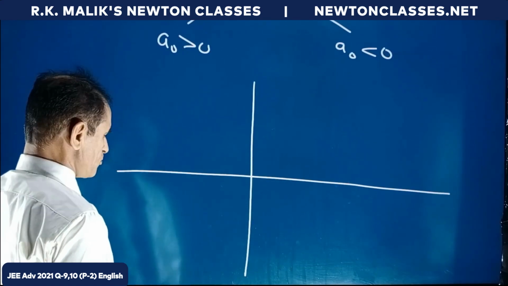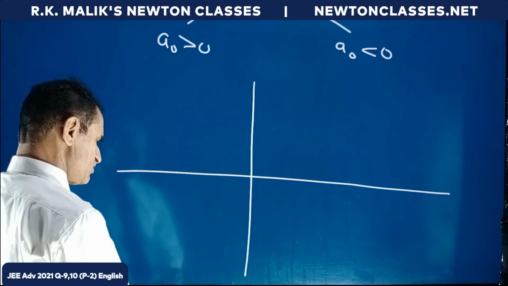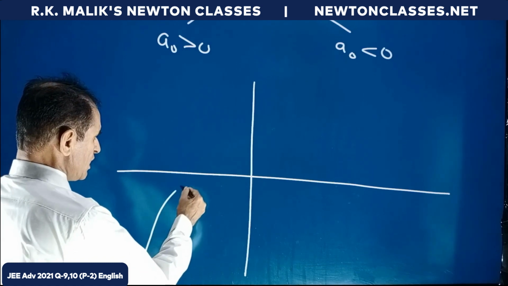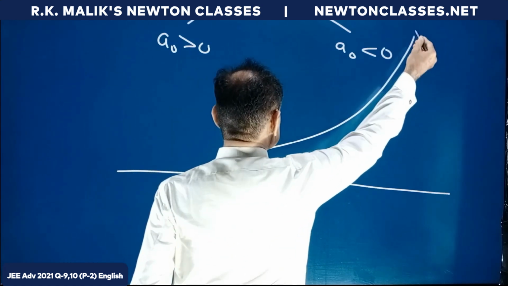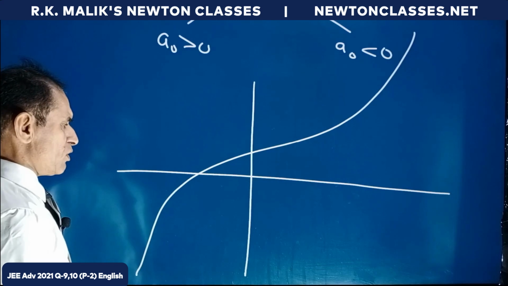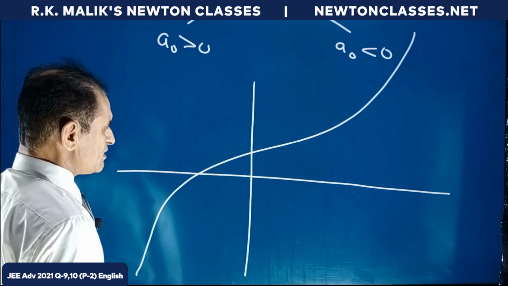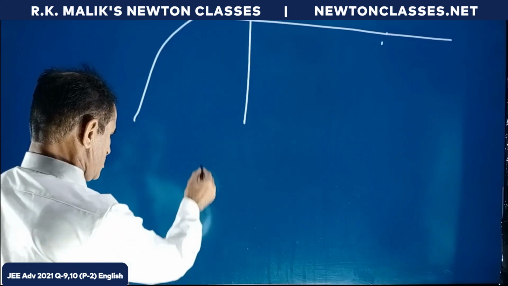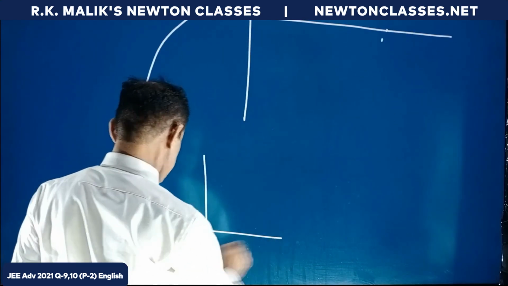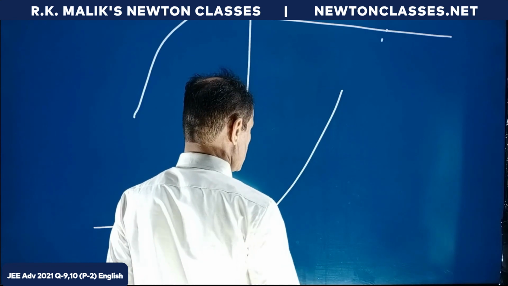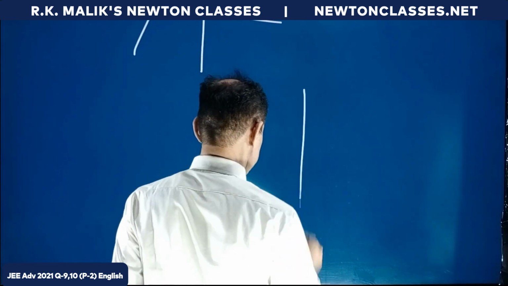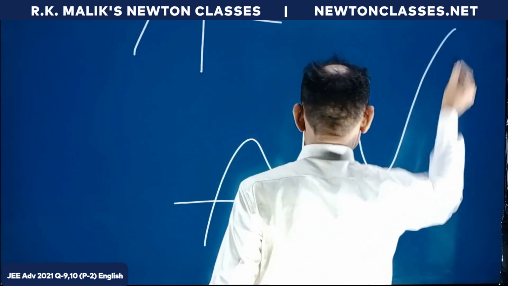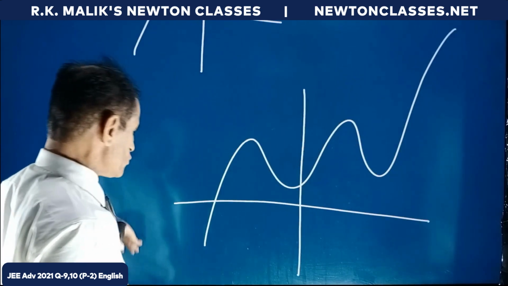If a0 is positive, then it is sure that the graph will come from below, and in the last it will go up only. In the intermediate region, the graph can be this also.